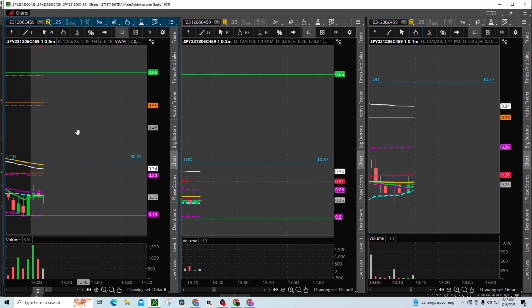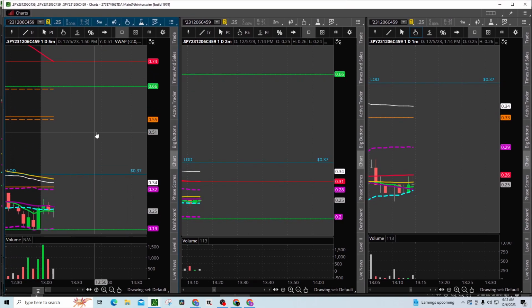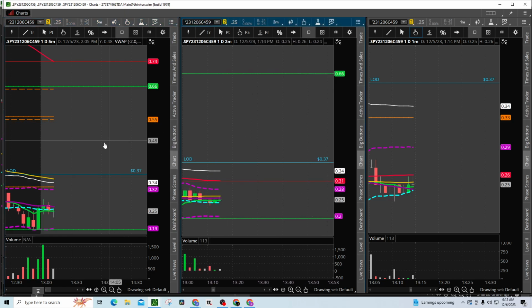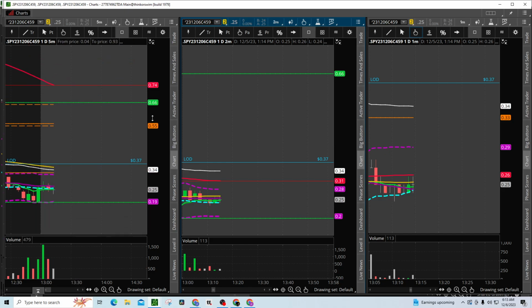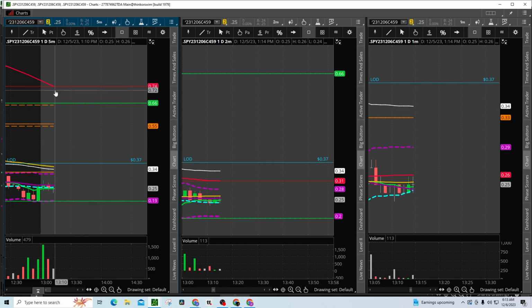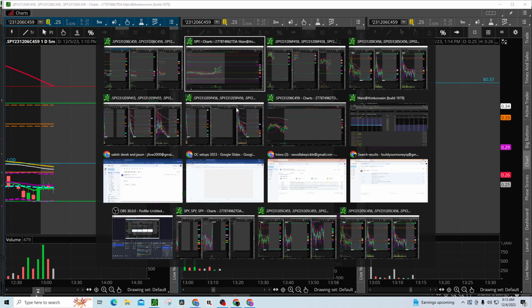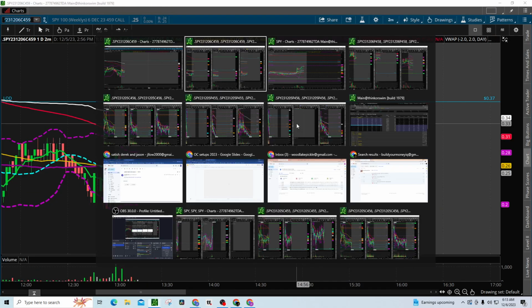I guess pulling back the calls. As this goes up, I believe we'll find resistance up here. And maybe what will happen, as it hits this, it will reverse back down. And maybe that might be the exact same time.